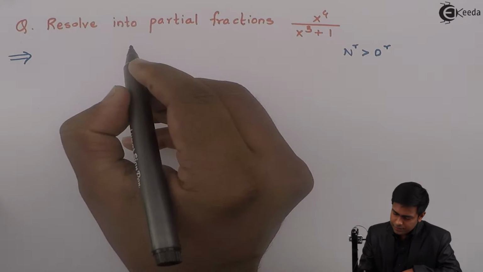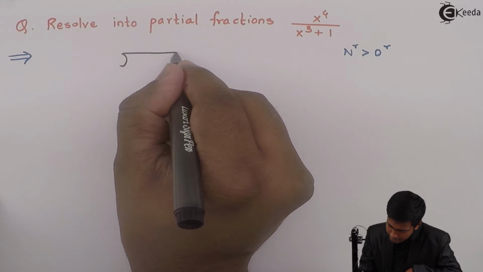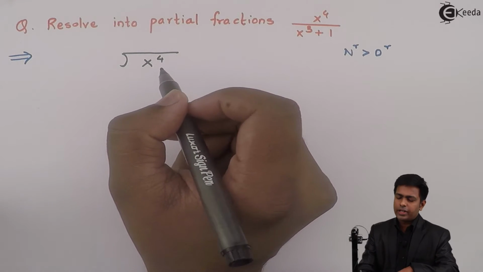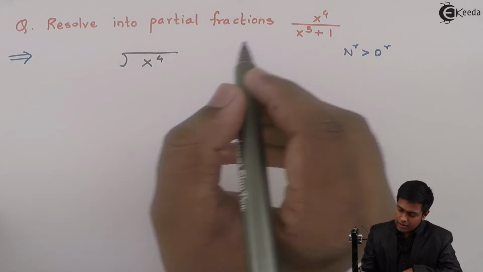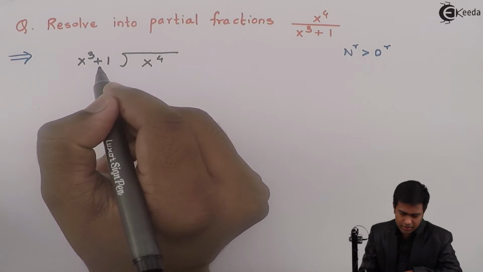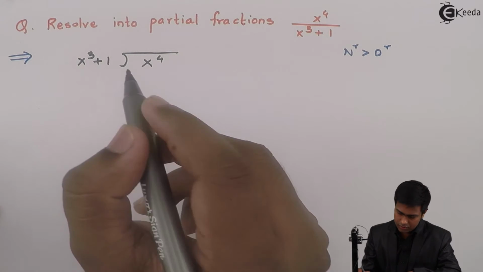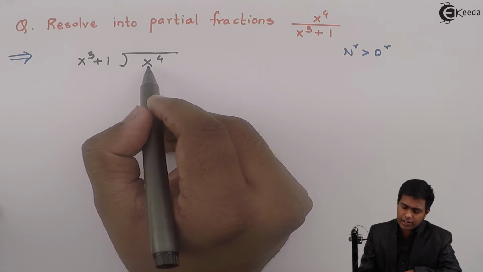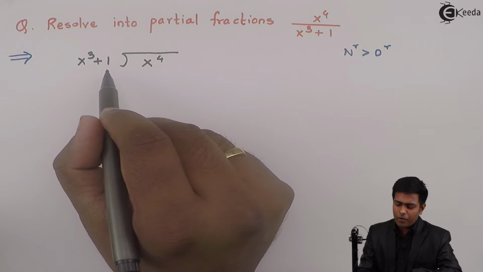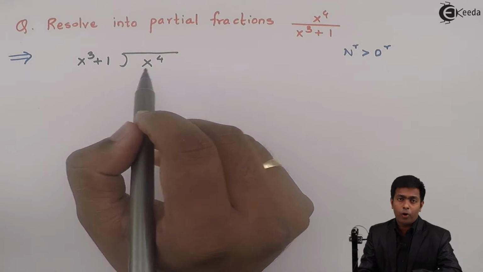So here I am writing the value x raised to 4. So it is the dividend, then x cube plus 1 is my divisor, and now we will divide this x raised to 4 with x cube plus 1. Now here we are performing the division of polynomials.